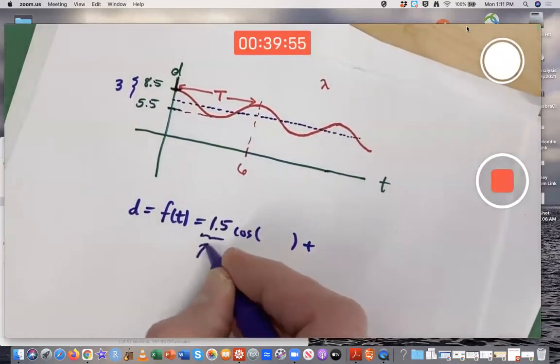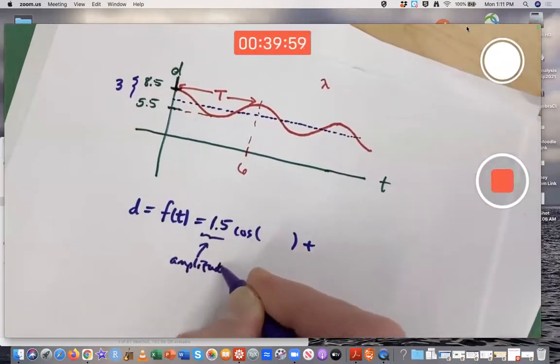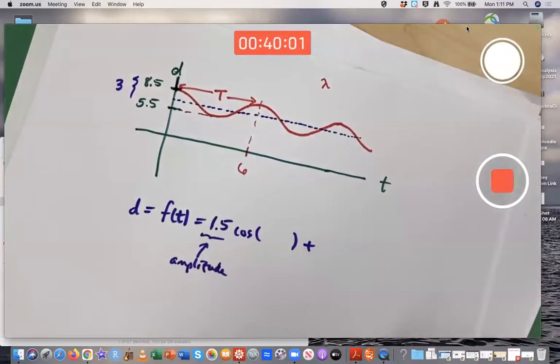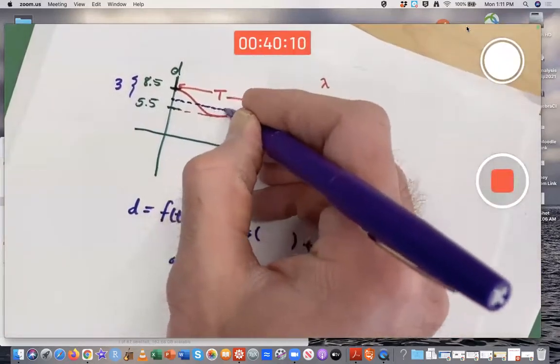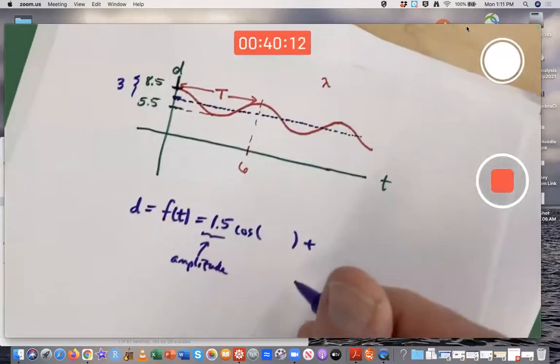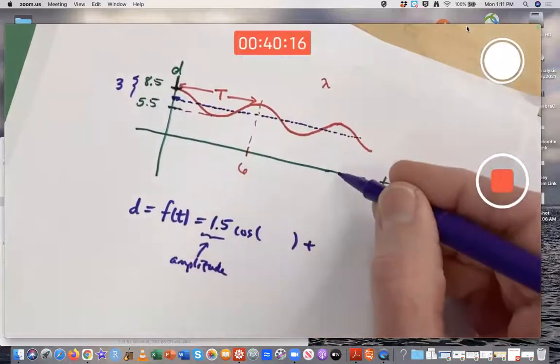That's the amplitude. It's half of the vertical distance between the highest value and the lowest value. The average of the highest value and the lowest value is the vertical shift. The regular cosine graph has an average value of 0.